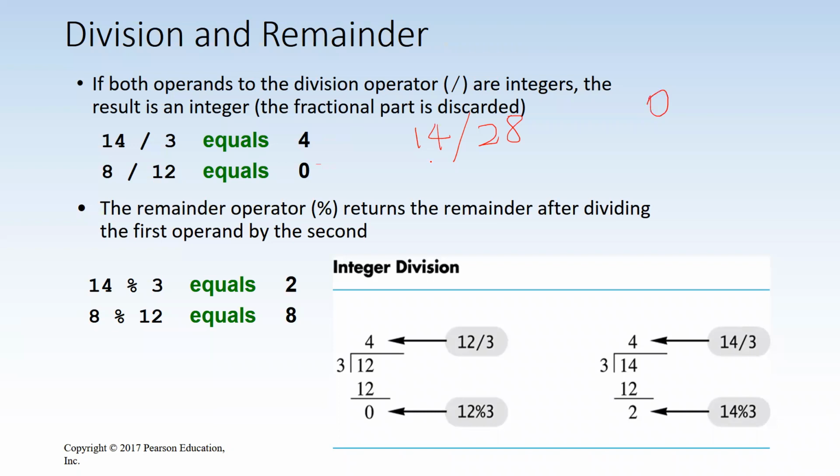There is not enough 28 in 14. There is no 28 in 14, so it's 0. What about this? 14. 14, that's the leftover. Okay, everybody? So there you have it.